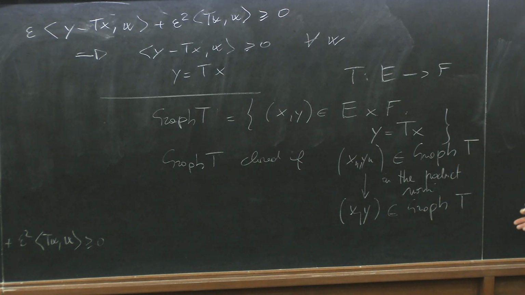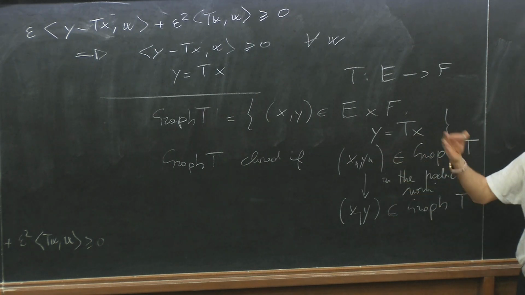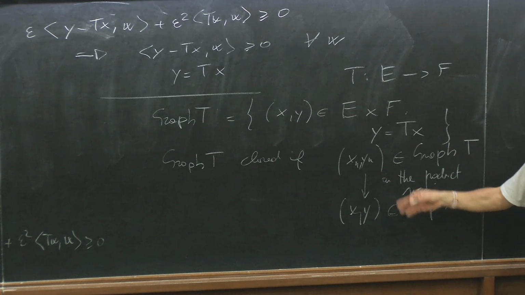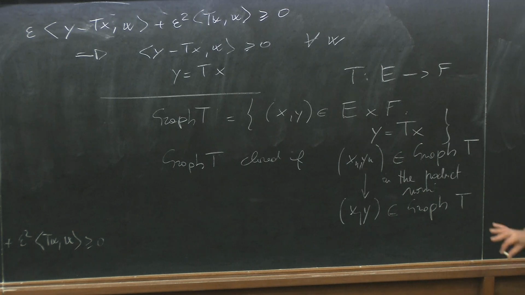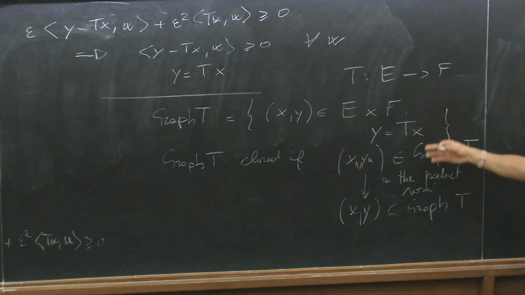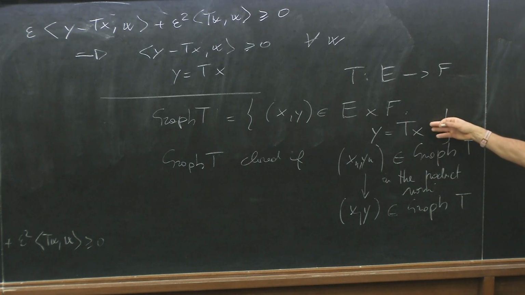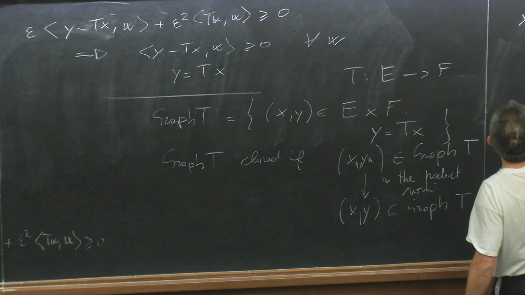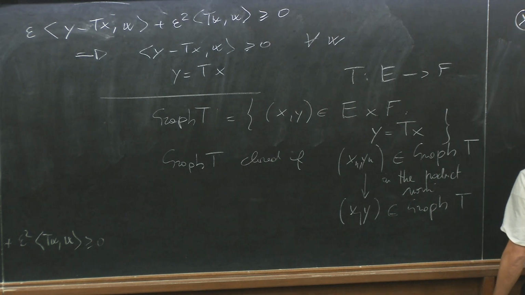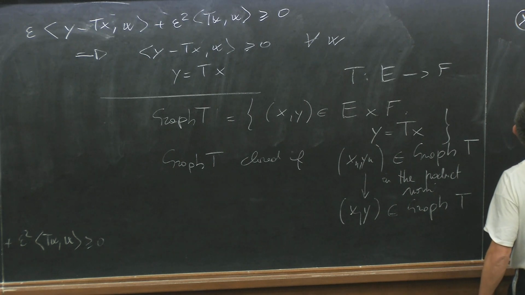This is the definition of closure, no? A set is closed if you take a sequence, in metric spaces at least, which converges to something, then the limit is in the set. So now we have just to express the fact that they are in the graph. So xn, yn is in the graph, equivalent to say that we have xn and txn.